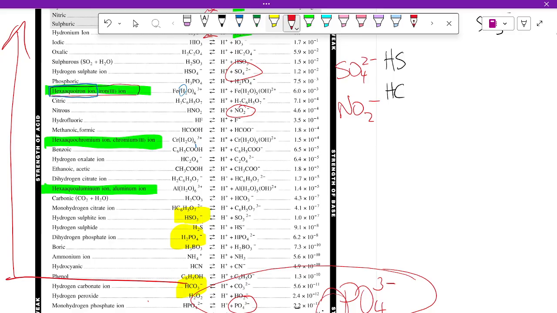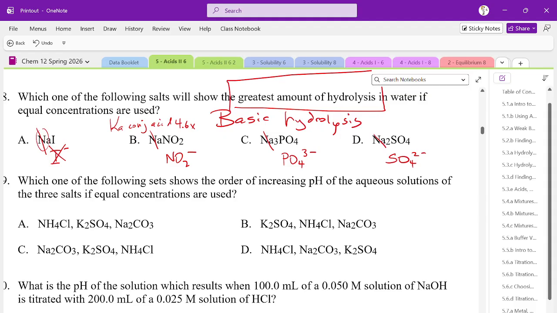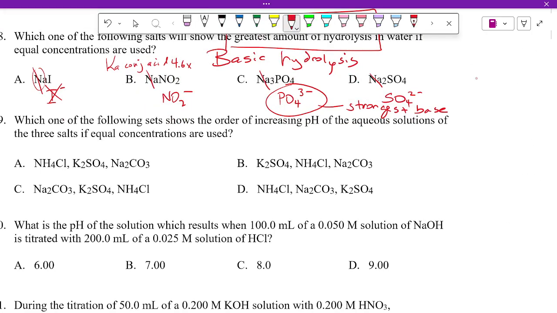That is our strongest base. So it will hydrolyze the most because it's going to have the largest Kb value. It is the strongest base. Did that make sense? Cool. Strongest base hydrolyzes most.